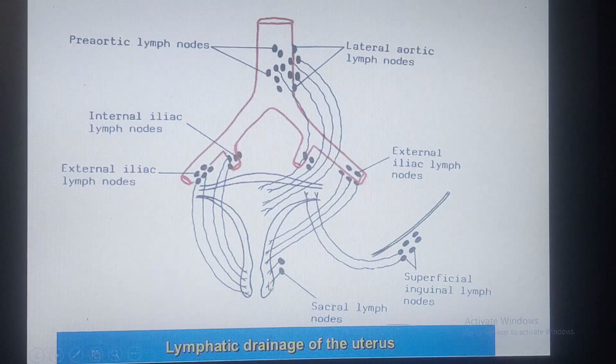Then the cervical region is drained by the sacral group of lymph nodes, as well as the external iliac lymph nodes. Some may even drain directly into the internal iliac group of lymph nodes. So that's the lymphatic drainage of the uterus.